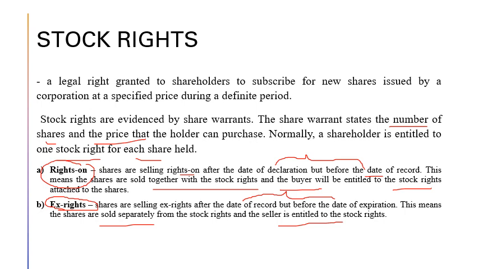And since the buyer bought the stock rights, the buyer now has the right to subscribe or purchase new shares. But if the buyer buys the shares as ex rights, he has no opportunity to buy new shares as a result of the stock rights because he did not buy them. Okay? They are not included in the purchase. So the seller is still entitled to the stock rights.